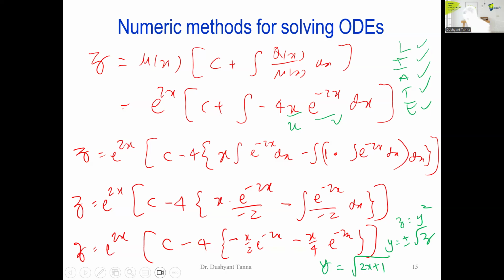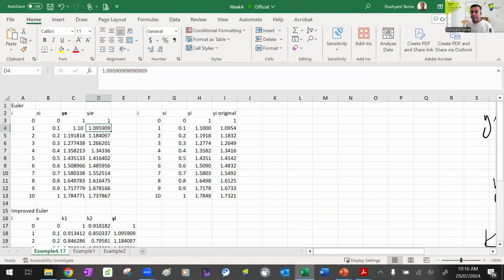So I got the Excel ready. Now what I've done here, please observe my formula. This is the I column, the XI column, YI, and YI original. So I is 0 to 10. 0 is x0, y0, and the original is also 1. It's increasing by step 0.1. Now yi. What is yi?